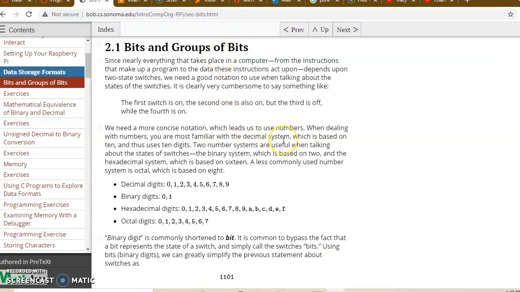Going back to our bits and groups of bits, it also demonstrates another set of counting, which is hexadecimal. And the reason why hexadecimal is very important is because it's base 16. So if you understand decimal, base 10, and binary, which is base 2, then you'll see that hexadecimal is actually what is used far more often than either binary, which is cumbersome because it gets really big really quick, or decimal, because that's our form of counting based on the fact that we have 10 fingers, 10 toes probably.